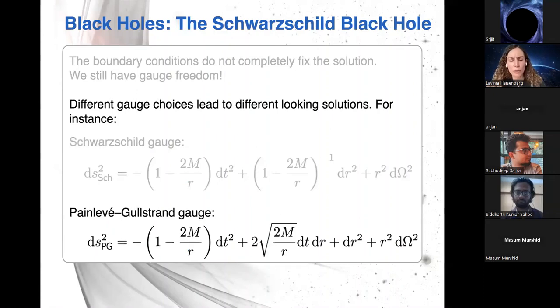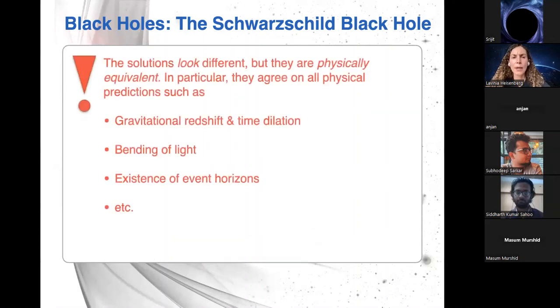You could also choose a different gauge, like this one, where naively you see that there is this off-diagonal term, but nevertheless your static spherically symmetric solution is imposed. Even though these solutions look different, they are physically exactly equivalent and they agree on all physical predictions like gravitational redshift, time dilation, bending of light, and existence of an event horizon. But you have to go through these steps.